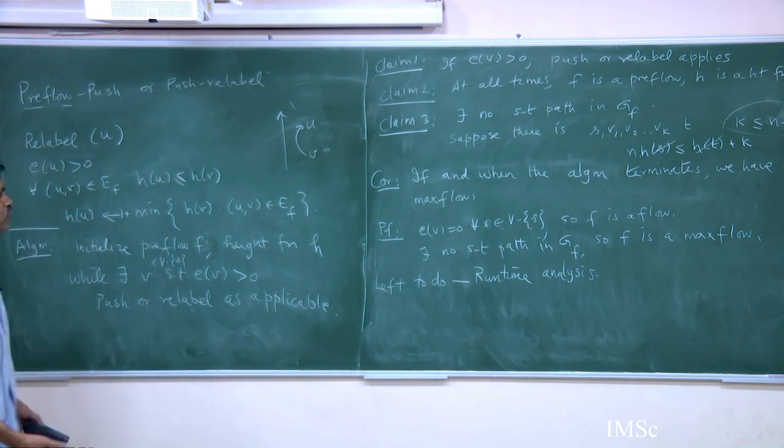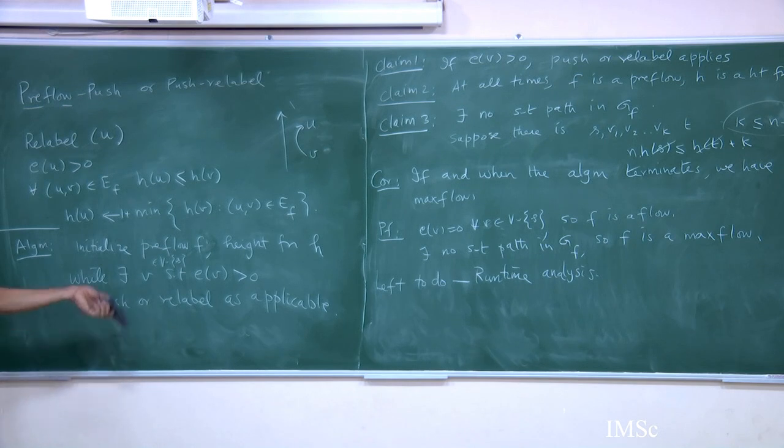What we will do is just bound the number of pushes and the number of relabels done by this algorithm. That's all we'll do. After that, there is some little work left to carefully implement it: set up some data structure and look at vertices in some order. That can be done, and we'll come to that later. So I will bound the number of pushes and relabels.